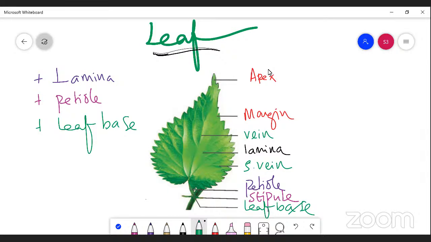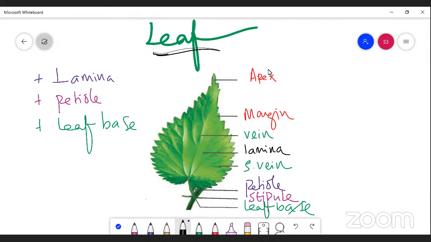And the leaf base is nothing but the hypopodium. This leaf base attaches to the stem, and the petiole gives rise to the leaf lamina. So there are mainly three parts in the leaf, right?